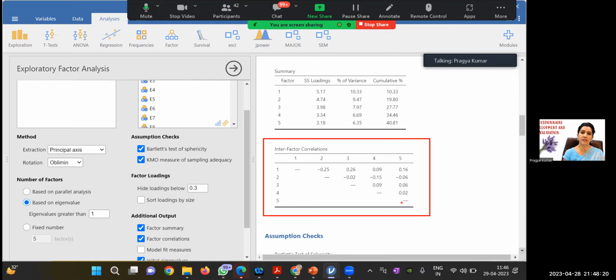What do you mean by discriminant validity? It means each factor has a separate domain. There is no correlation between the factors. That's why they're getting less correlation. I should not say no, less correlation. And that cutoff, we have kept as 0.3.